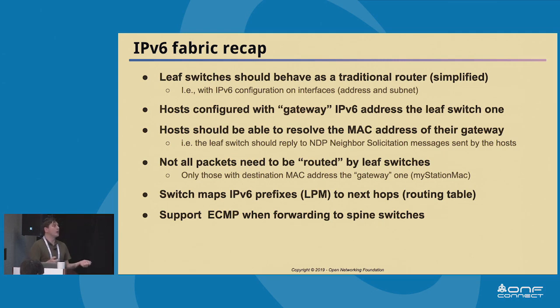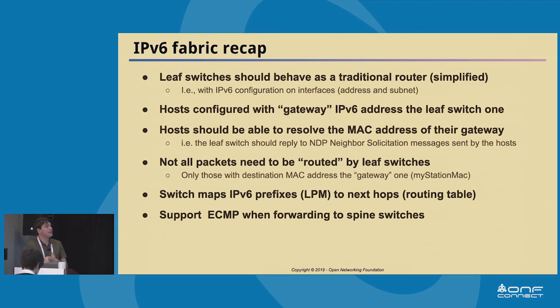Again, when you want to route a packet to the internet, the first thing you need to do is resolve the MAC address of your gateway. And if in IPv4 we use ARP, in the case of IPv6, we're going to use NDP. So the first thing the host does is send an NDP neighbor solicitation message to the switch, and we expect the switch to reply with its own MAC address.